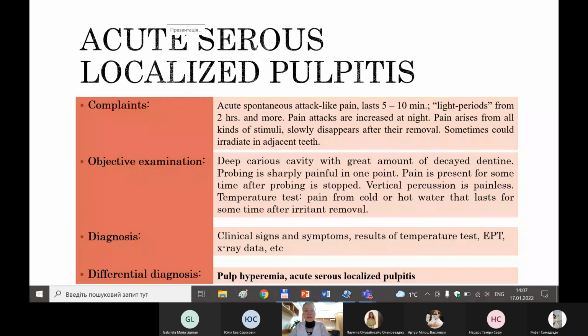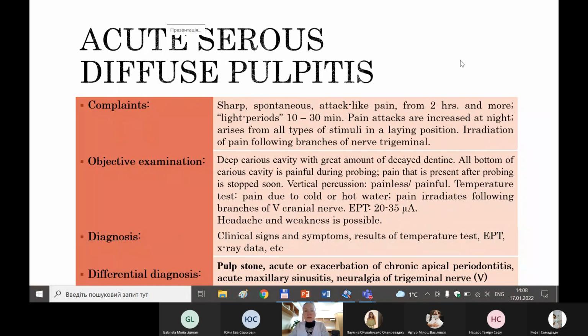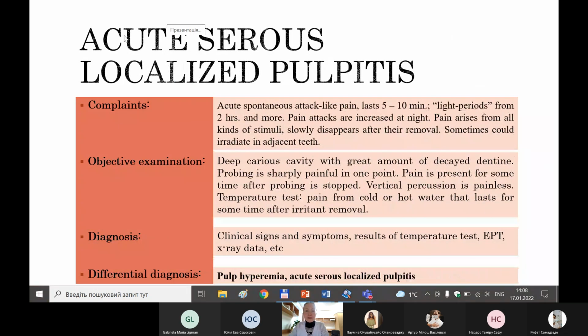The next disease is acute serous localized pulpitis. Complaints of the patient: acute spontaneous throbbing pain that lasts 5-10 minutes, light periods from 2 hours and more. Pain attacks are increased at night.